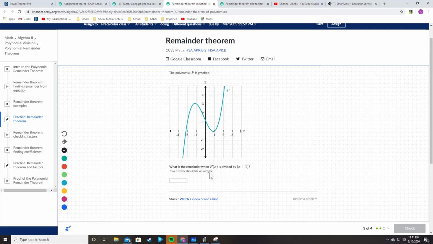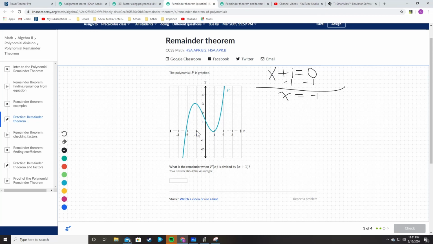All right, so, what is the remainder of this polynomial when it is divided by x plus 1? Now, x plus 1 is really just simply what happens when we take x plus 1 and we set it equal to 0, which means that when we do this, it ends up giving us x equals negative 1. So what they're saying is what happens at this value.